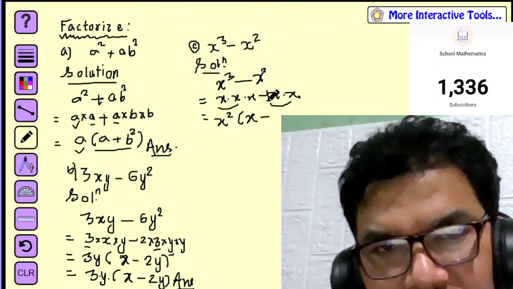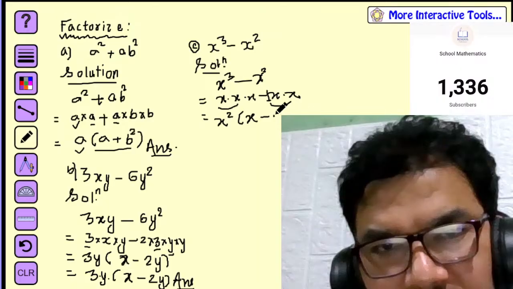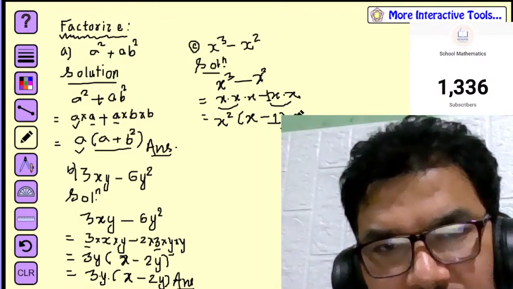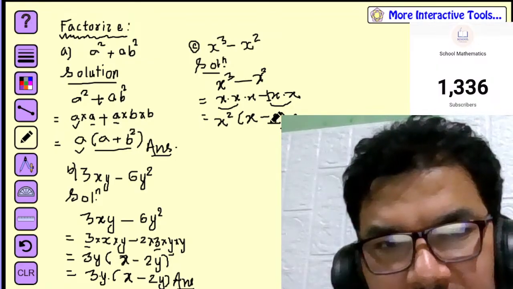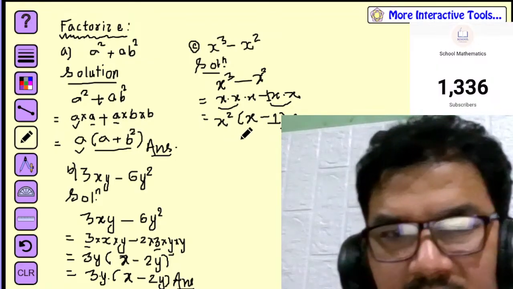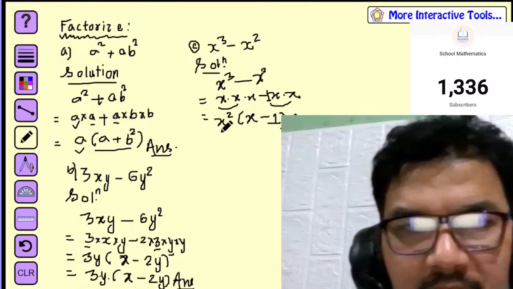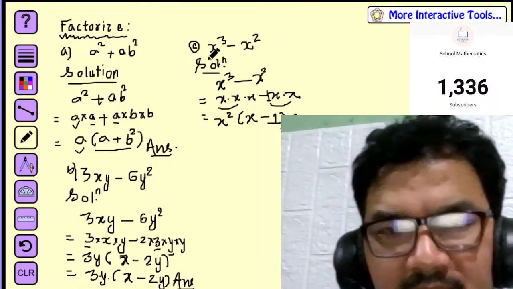Then here in front there is one coefficient. That's why that one coefficient is remaining here, and this will be the answer for this question. Like this we have to write. If everything goes common there, one remains as the remaining factor in the bracket. Okay, this is the way to factorize this question.